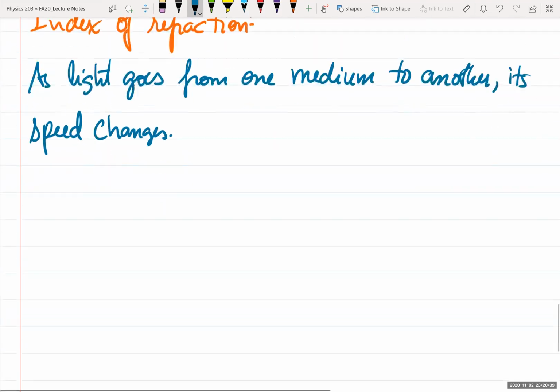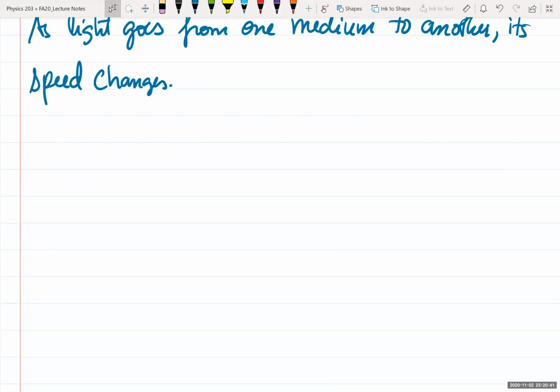I don't know if you noticed when we were talking earlier, when I said c is equal to 3 times 10 to the 8 meters per second, I made sure that I mentioned this was the speed of light in vacuum, and in air it is also close to that. Okay, but that speed, that 3 times 10 to the 8, is restricted to those two media. If we have light traveling through water, the speed will be different.